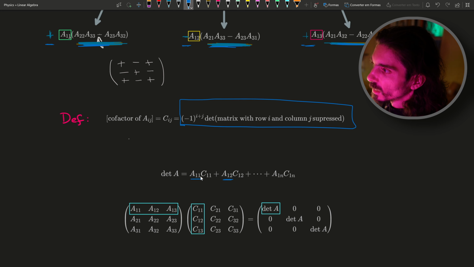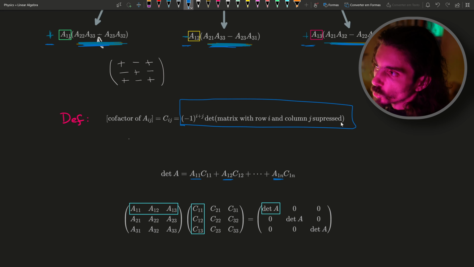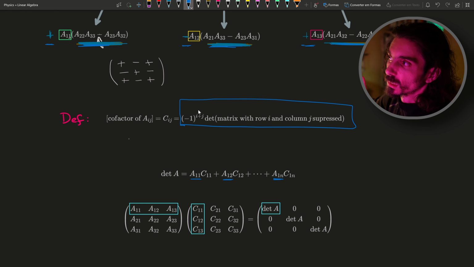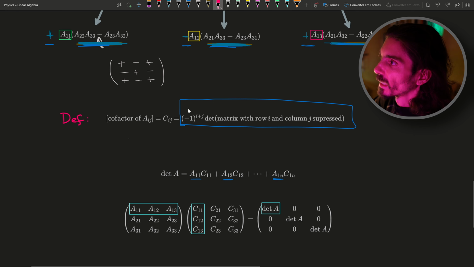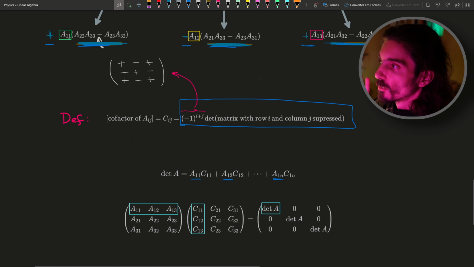So 1 is fixed, it is A11, A12, and so on, up to A1n, times the corresponding cofactor, meaning the determinant of the submatrix and the corresponding sign. Can you see?